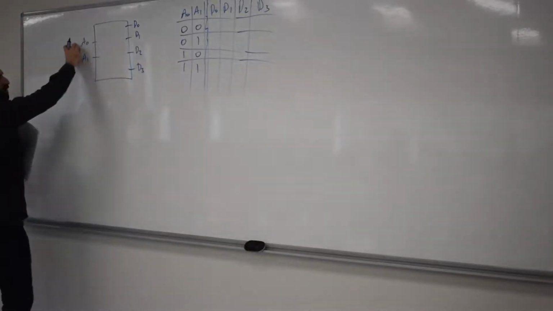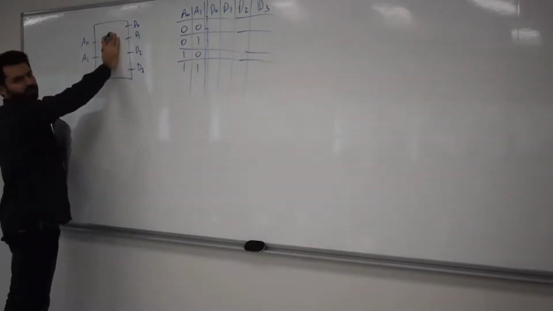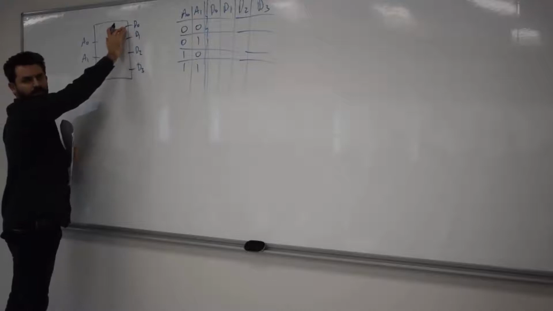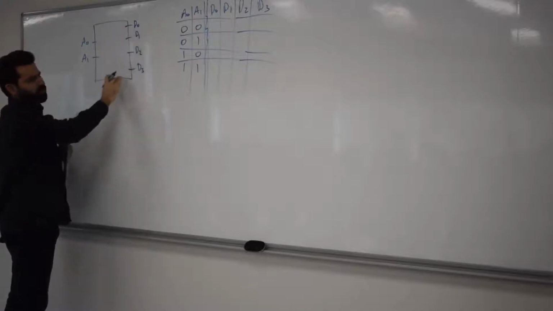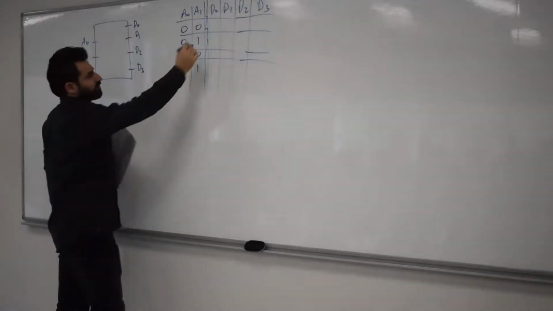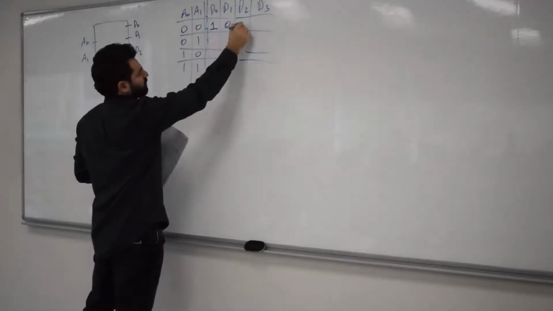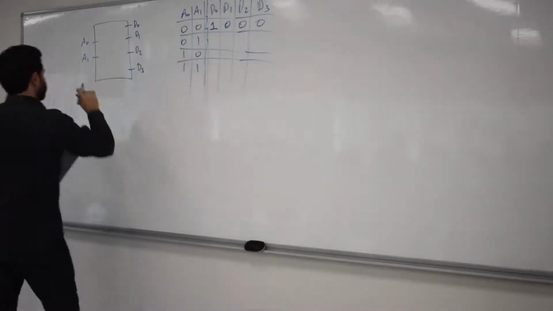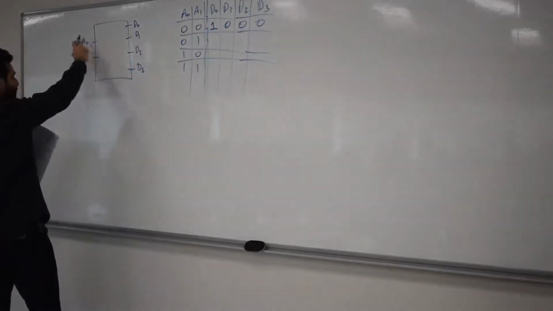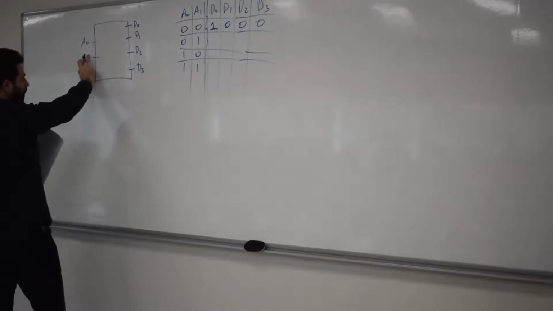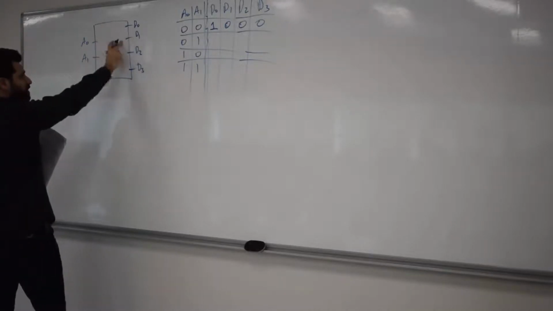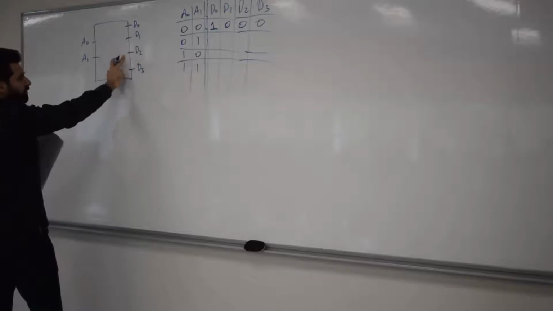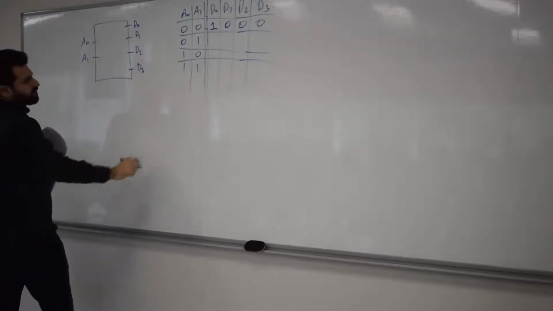If you got 0, 0, then the decoder output would be D0 equal to 1, and D1, D2, D3 are all zeros, so this is 1, 0, 0, 0. Similarly, if A0 is 0 and A1 is 1, then D0 would be 0, D1 would be 1, D2 would be 0, and D3 would be 0.